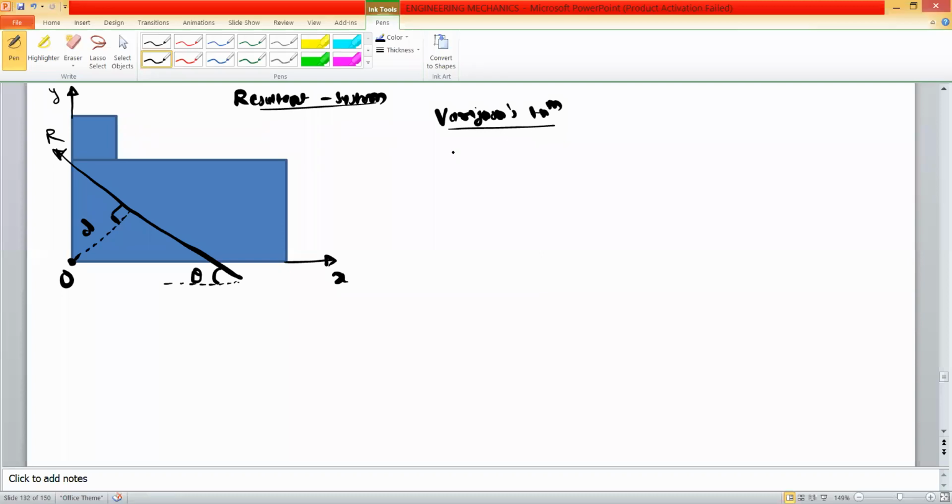So according to Varignon's theorem, we can write summation of moment by all the forces about any point. So the point is O, that is called as moment point, is equal to moment by the resultant about the same point. Okay. So to find out the right hand side, we need to refer resultant system, and to find out the left hand side, refer the original system, that is called as system of forces.